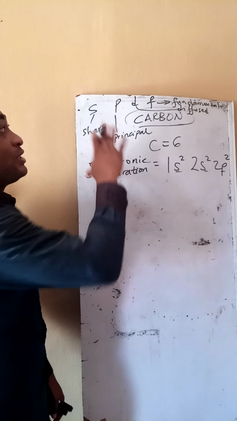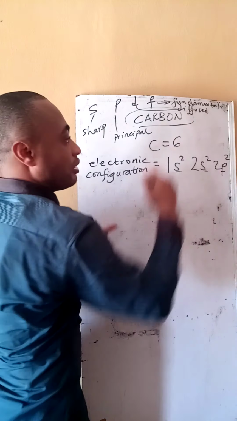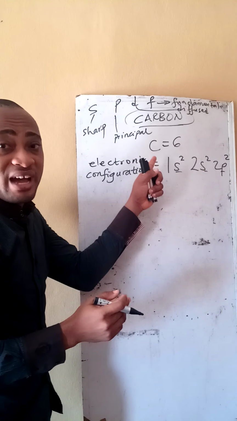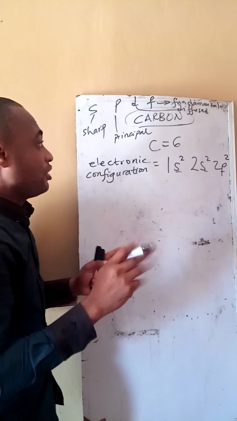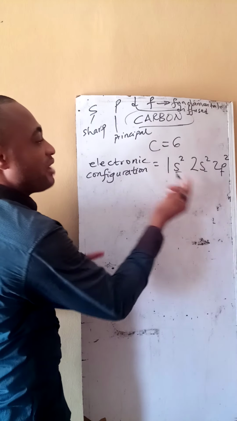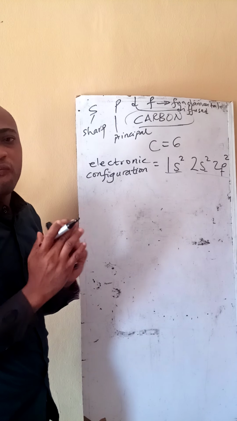I'm not going in depth into that. There will be a time when we get to the organic compounds, the part where you discuss organic orbitals in theory. We're going to look at that. But right now, this is the electronic configuration for carbon.